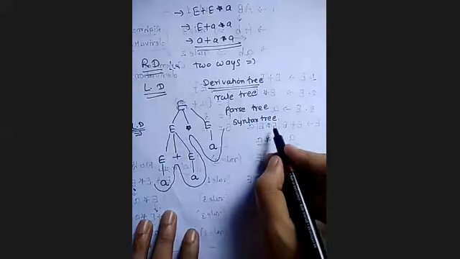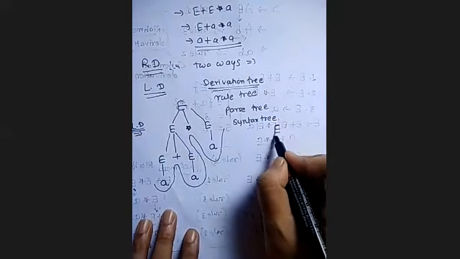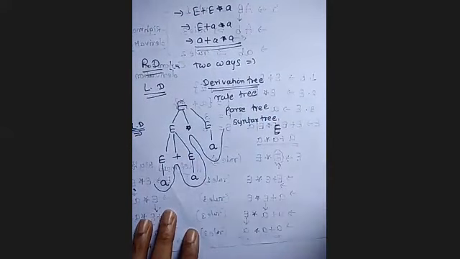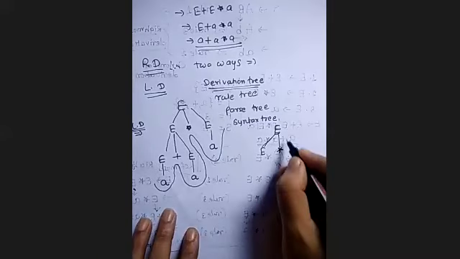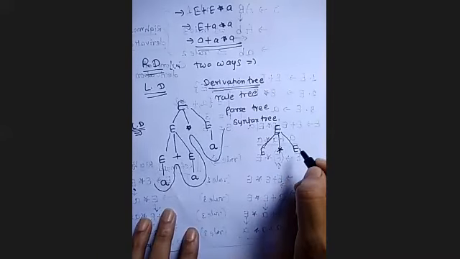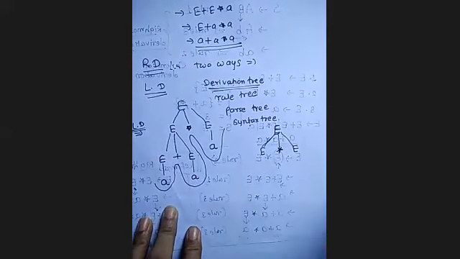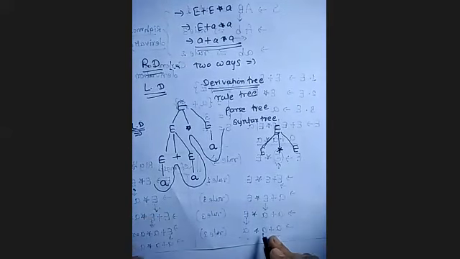Now using rightmost derivation, what is the first rule applied? You will always start with the start symbol. Which rule did you apply? Second rule. So you tell me, E gives E star E. Next step, which rule is it? Tell me the rule. Okay, ma'am.